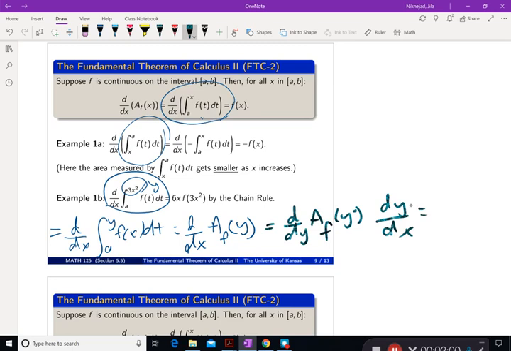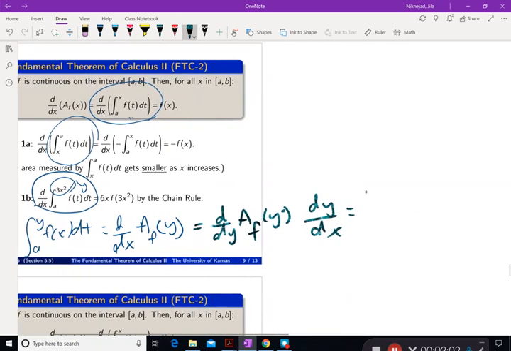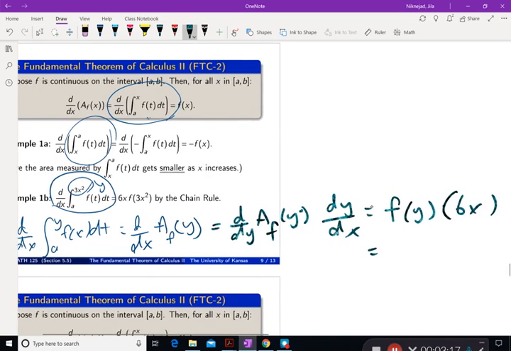So basically it's going to be f of y times the derivative of y, which is 3x squared, which is going to be 6x. What is f of y? Instead of y, I'm putting in 3x squared, times 6x. So you use the chain rule to compute this.